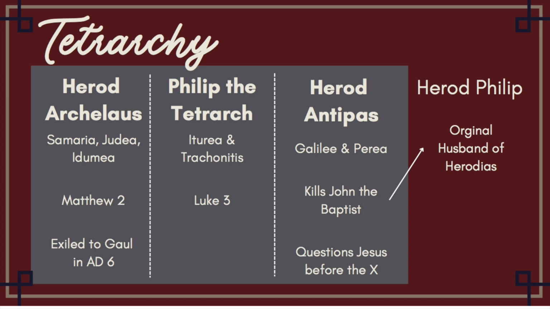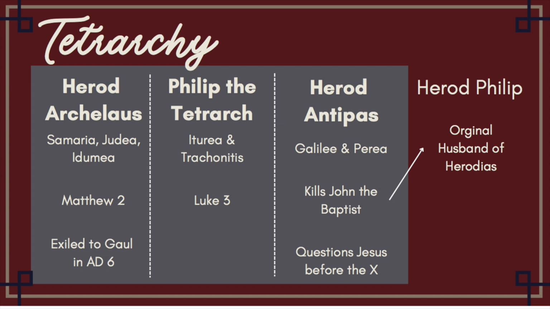Samaria, Judea, Idumea. You see him in Matthew chapter 2 for one brief verse. Joseph takes Jesus down to Egypt after the birth to get away from Herod. His dad dies. They come out of Egypt. And it says that he knew that Herod Archelaus was in charge in Judea. So they go up to Galilee into Nazareth.